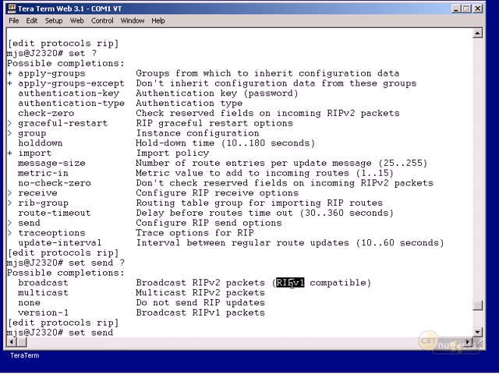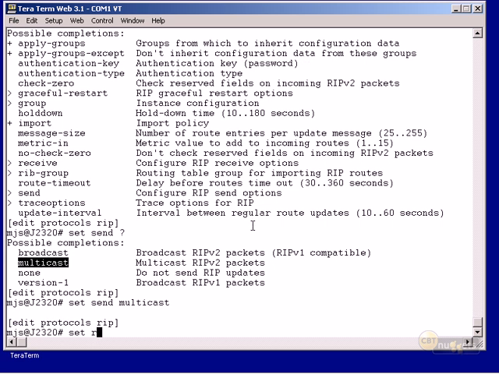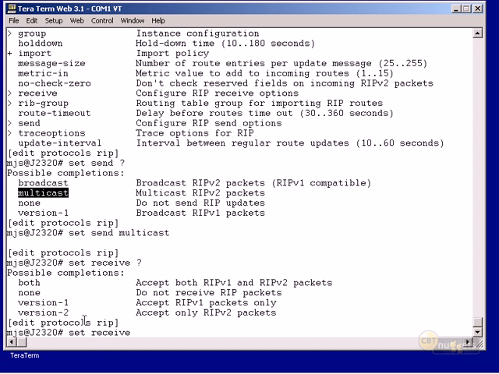So if I had peers that were RIP 1, that would be backward compatible. I'm going to go ahead and choose multicast. Okay, so we're going to say send multicast messages, and then we're going to set the receive type. And here we're going to say, do we want to do version 1 or version 2? We just want to do version 2. Okay, it's all about RIP version 2, and that's what those Cisco routers are running, as I showed you earlier as well.